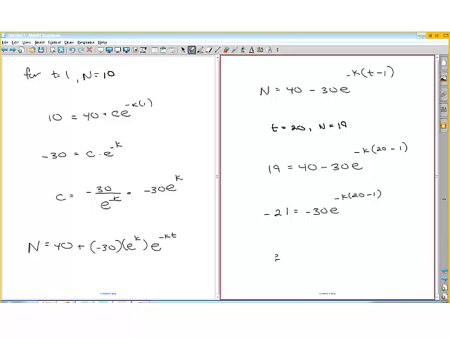If we divide by negative 30, we'll get that e to the minus k times 20 minus 1 is equal to negative 21 divided by negative 30, which I need to get my calculator up for this part.